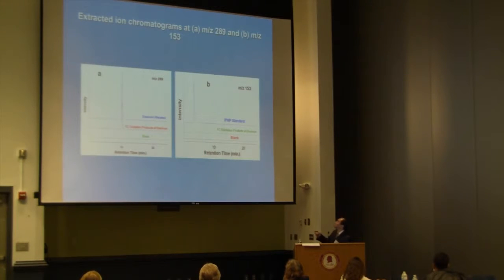And then we perform the oxidation. Okay? So here we can see the blue one is the potential oxidation byproduct of the diazinon, and the red one is the byproduct, and they appear at the same time.